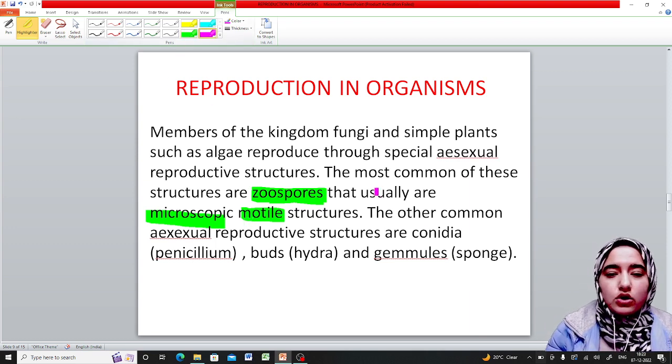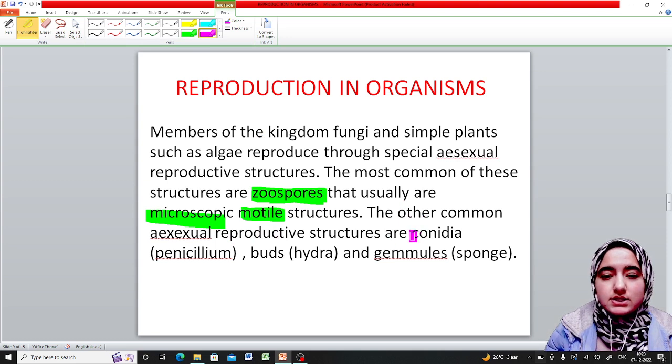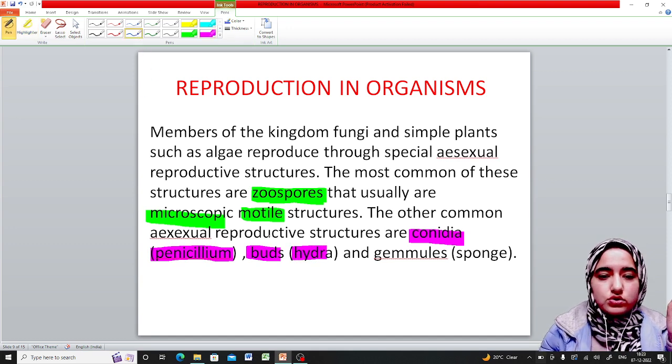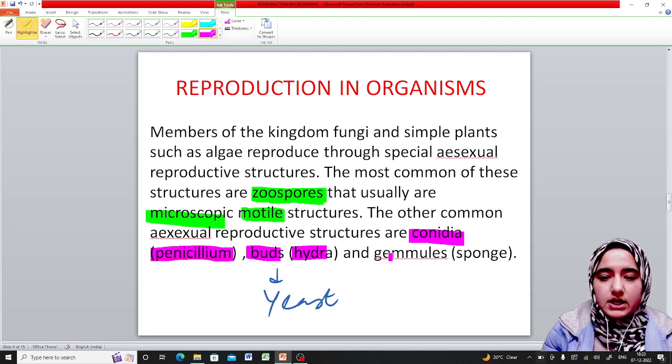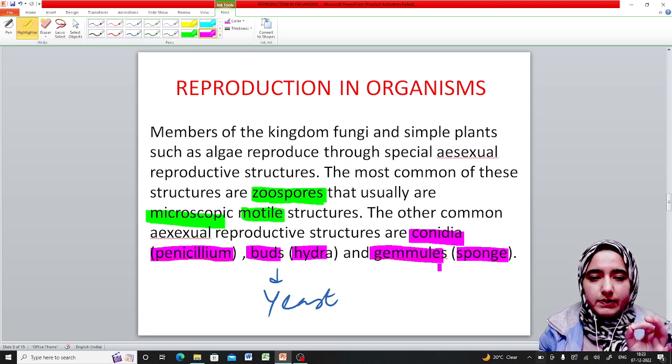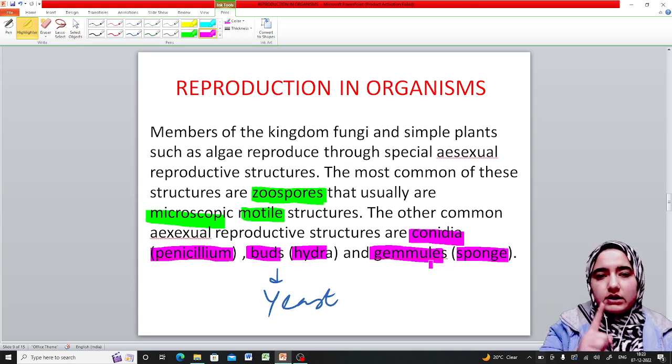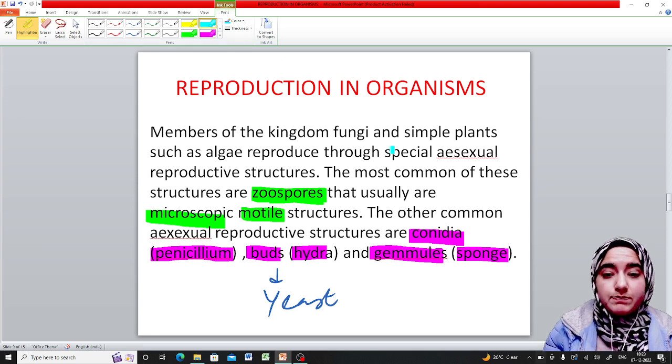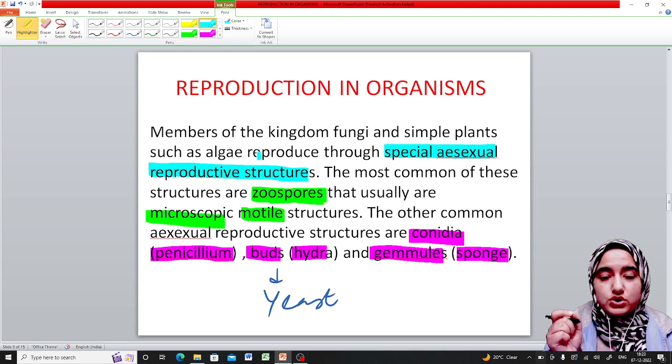We have other common asexual reproductive structures like conidia, which are present in penicillium, buds in hydra, and gemmules in sponge. Buds we also saw in yeast, right. Please remember that simple plants or kingdom fungi can reproduce through special asexual reproductive structures, and these structures are zoospores. Zoospores are microscopic motile structures.